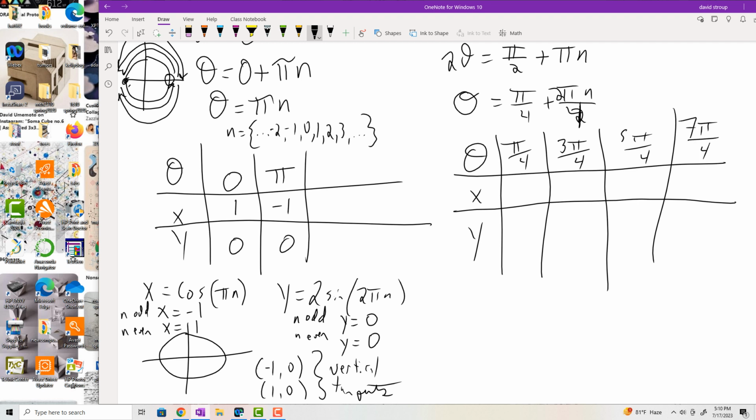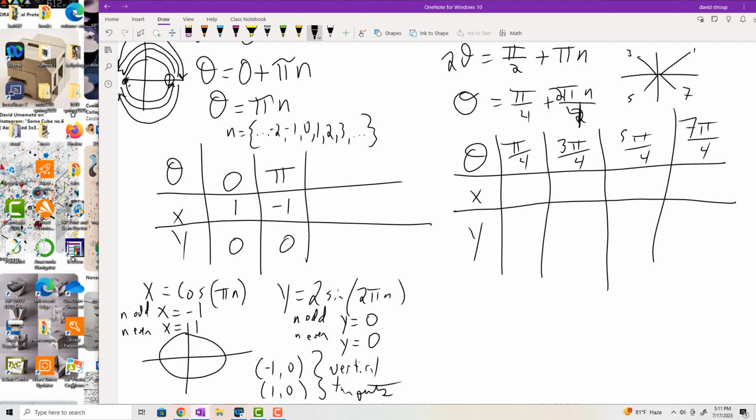And what you're doing is traveling around the unit circle, and it will affect some of the signs in your answers. So at pi/4, you're in the first quadrant, 3 pi/4 second quadrant, 5 pi/4 is the third quadrant, 7 pi/4 is the fourth quadrant.